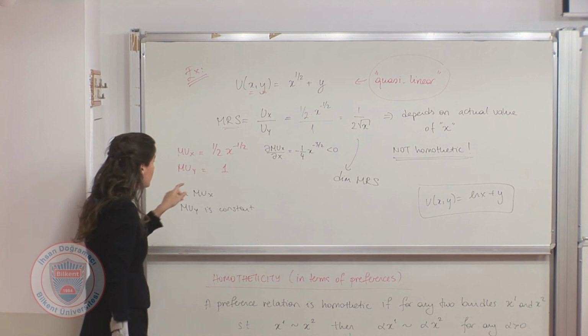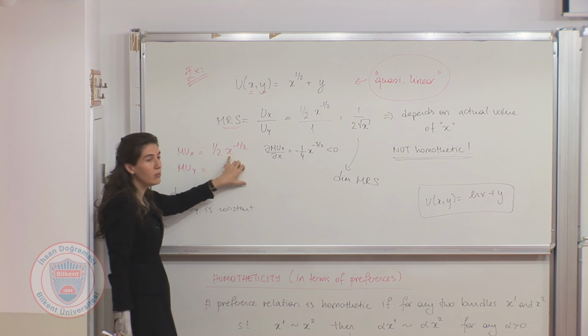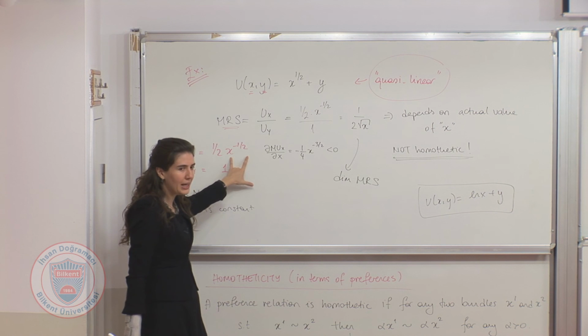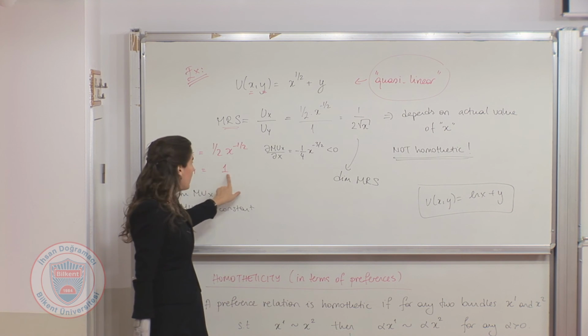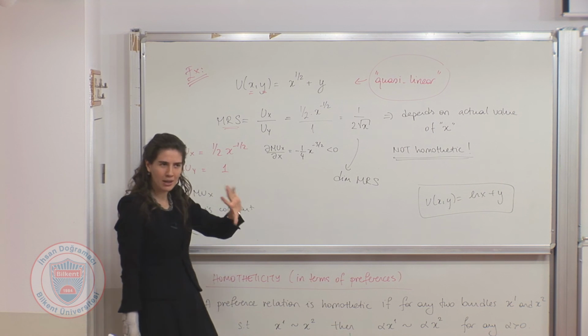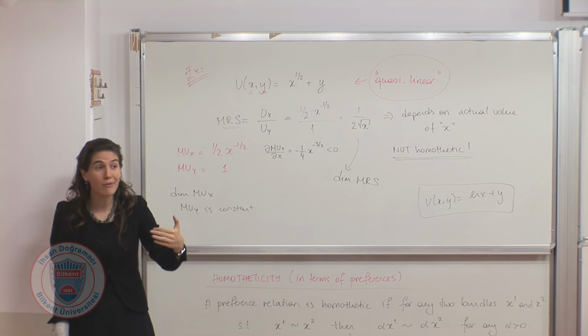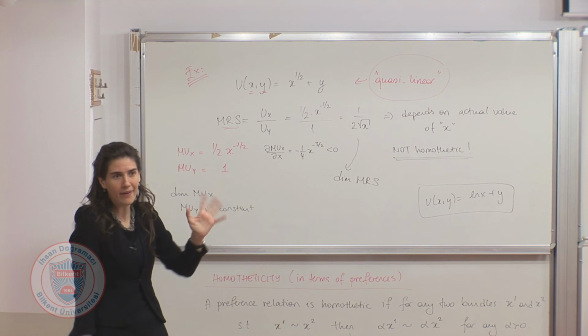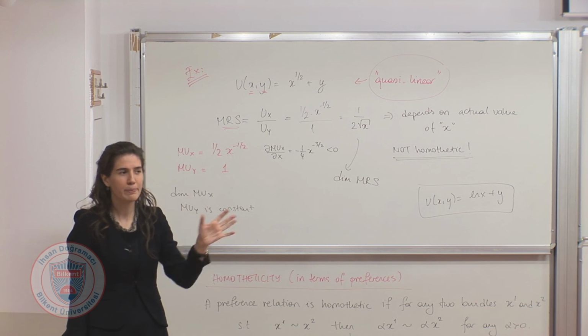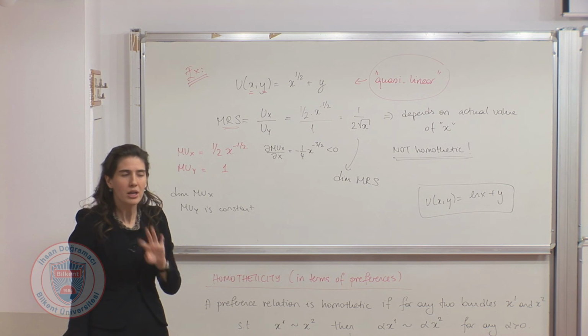As I consume more x, the marginal utility I get from it keeps decreasing. What's happening to y? When I keep consuming y, it gives me constant utility. Once I reach a decent level of x, whatever income I get, I'm going to spend it on y. So we'll see.